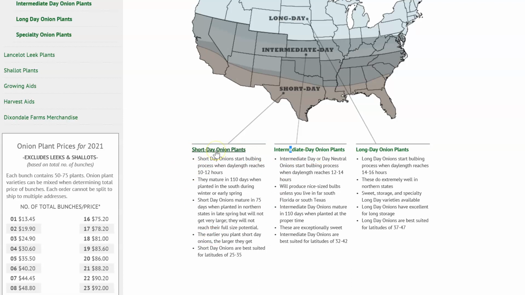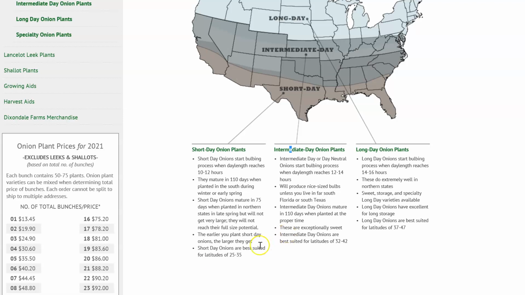I am in the short day zone, and here are some of the features that are mentioned. It will take 110 days to maturity when planted in the south. I'm here in Georgia, planting during the winter or the early spring. Short day onions mature in 75 days when planted in the northern states in late spring.